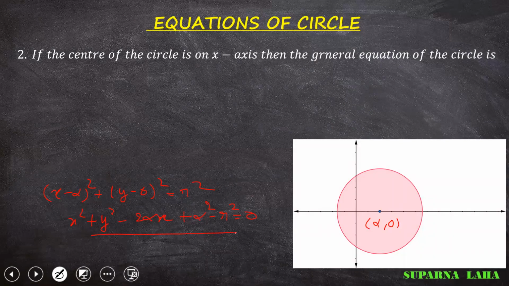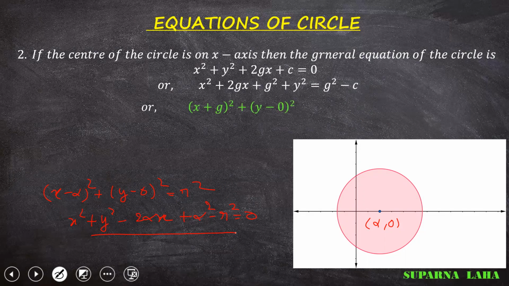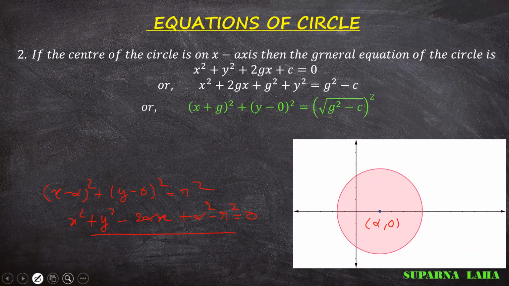Now if you compare this equation with the general equation of the circle, you will find this is x² + y² + 2gx + c = 0. That is, the coefficient of y should be equal to 0 in that equation. So now let us find the center and the radius of this equation. (x + g)² + (y − 0)² = g² − c.